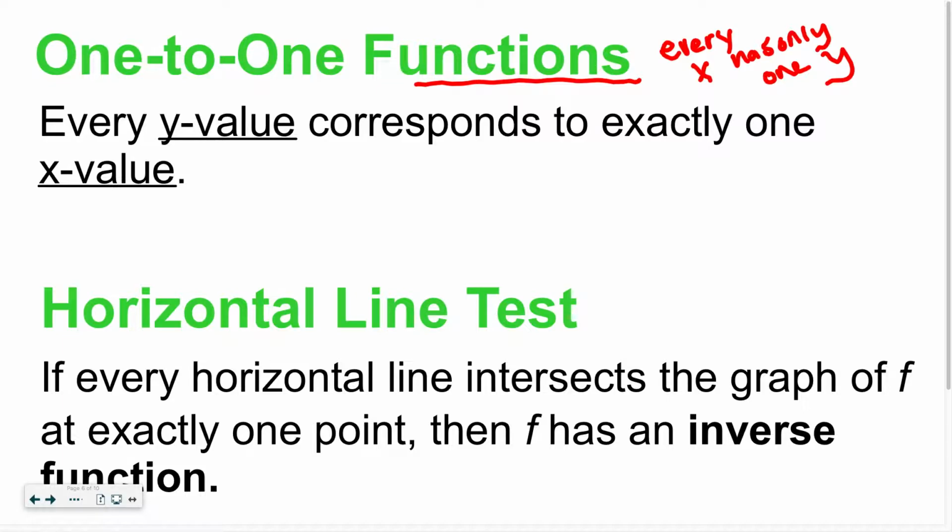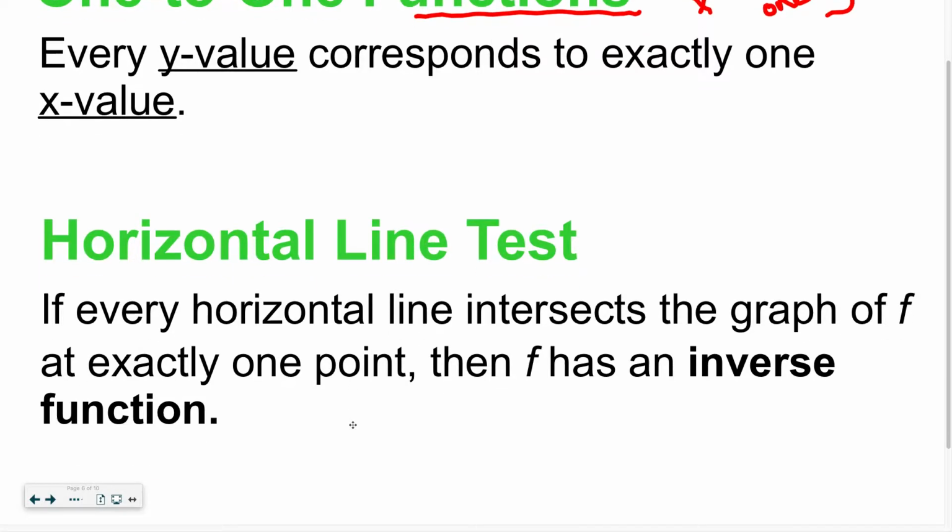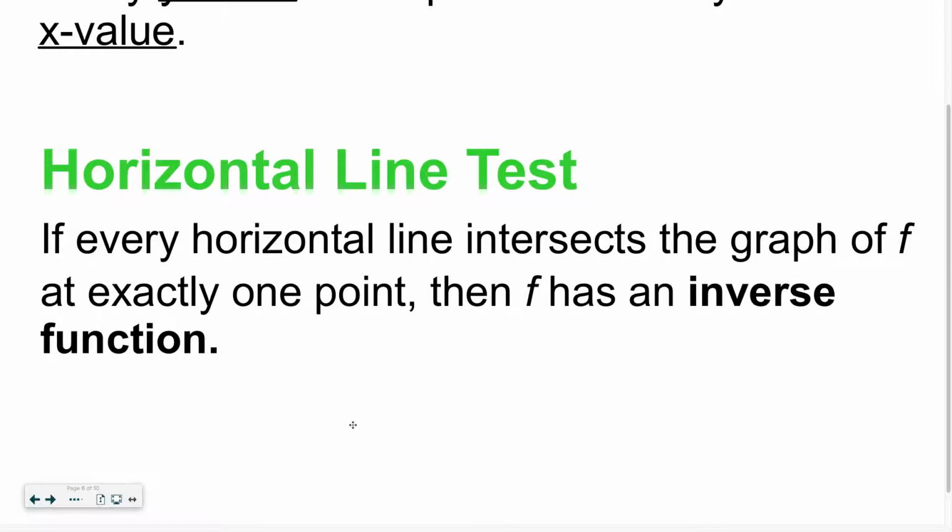But to see if it's one-to-one, perform a horizontal line test. So you're looking at the original function. If every horizontal line intersects the graph at exactly 1 point, no more, then f has an inverse function. It's one-to-one, there is an inverse.